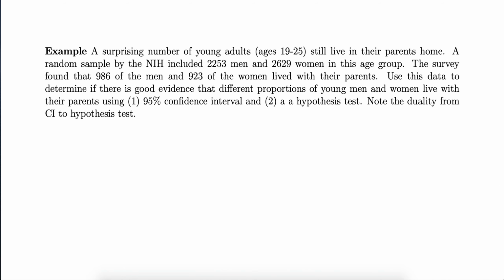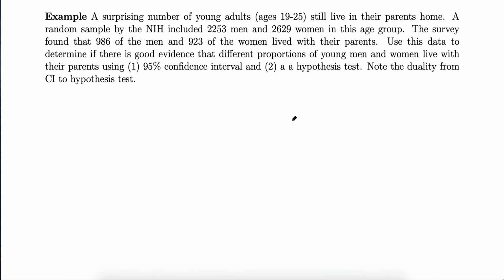So last video we laid the foundations for inference for two proportions, and this one we're going to apply those foundations to an example. So on page 71 in your notes, we've got this example of a very large study from the National Institutes of Health, or NIH, and we see that we have data from 2,253 men and 2,629 women.